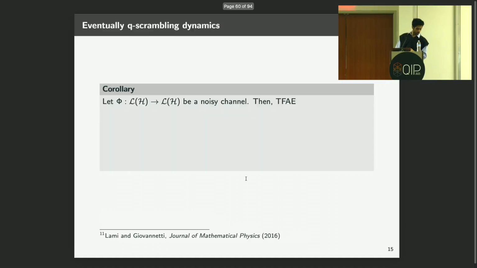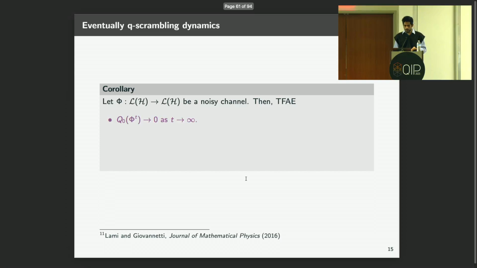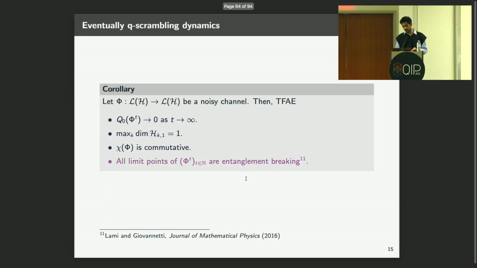Okay, quickly, let's see for what kind of noisy processes you can at least store something for arbitrarily long time. We have the following result. This is an easy consequence of our main theorem. It just says that for any noisy channel, in the limit of t going to infinity, the capacity will vanish if and only if the peripheral space is commutative.